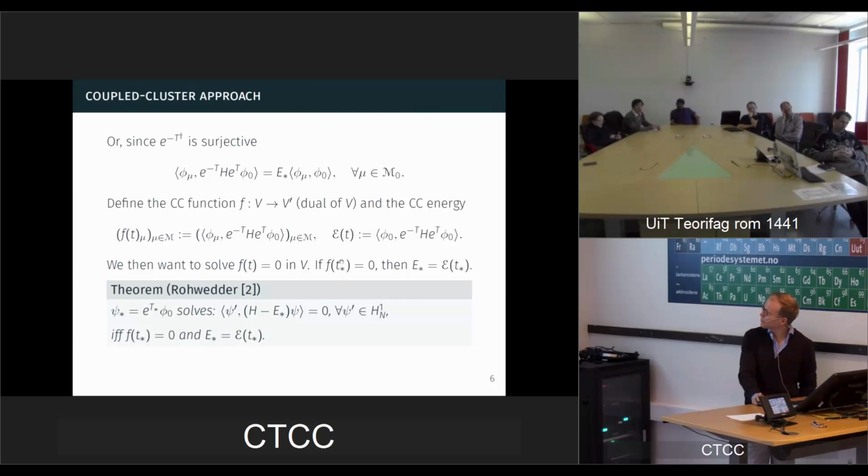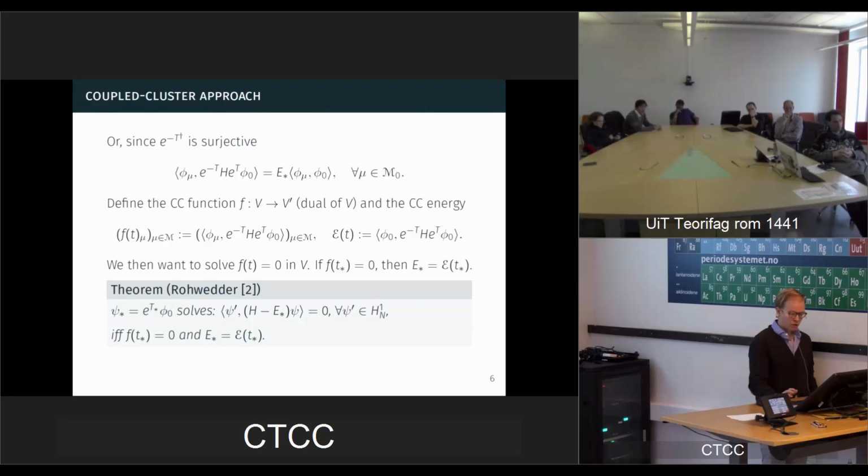Because if we can find a t star, small letter t star, that is a root, then when we plug this t star into the energy expression, we must have the ground state energy from this expression here. This is summarized in this theorem. This psi star solves the weak formulation of the Schrödinger equation if and only if these cluster amplitudes are a root of the coupled cluster equation, and the number E star comes from the coupled cluster energy functional.